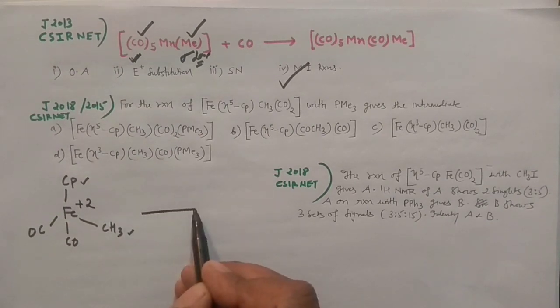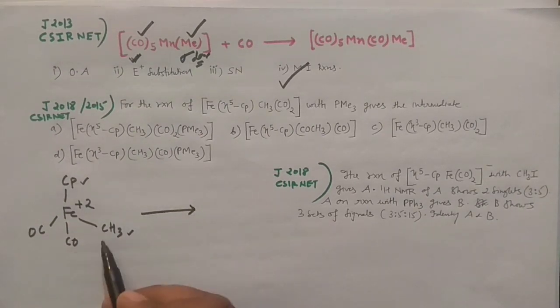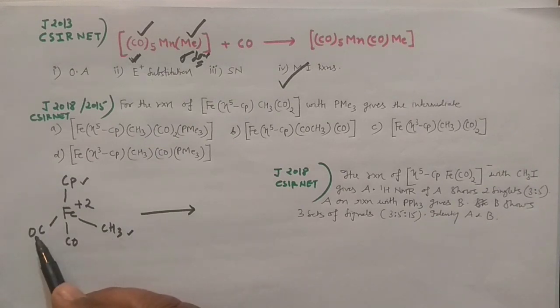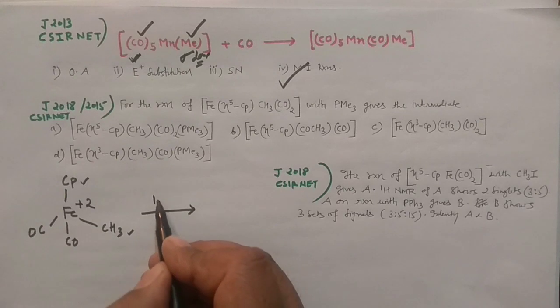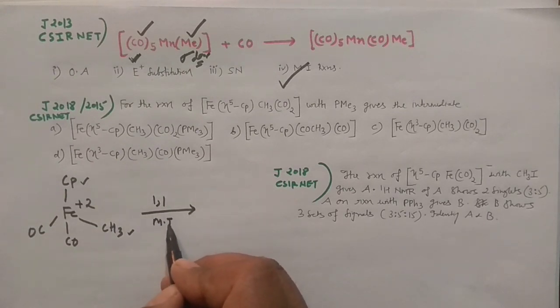In this case this methyl can migrate to this carbonyl, two options are there. Basically methyl migration would occur. There is no alkene, so it would not be a 1,2 migratory insertion reaction. It is a 1,1 migratory insertion reaction.